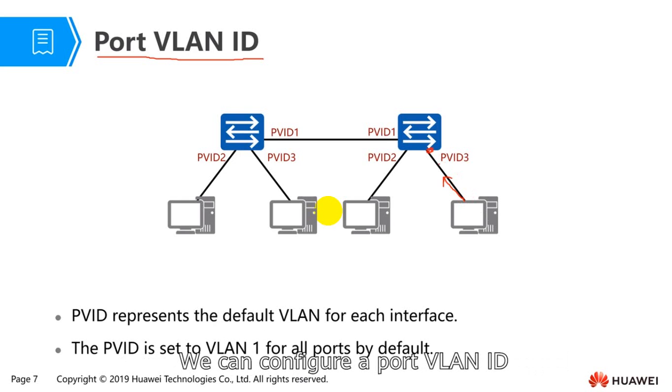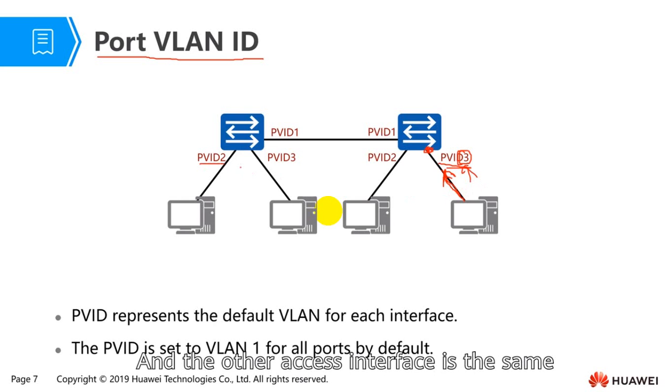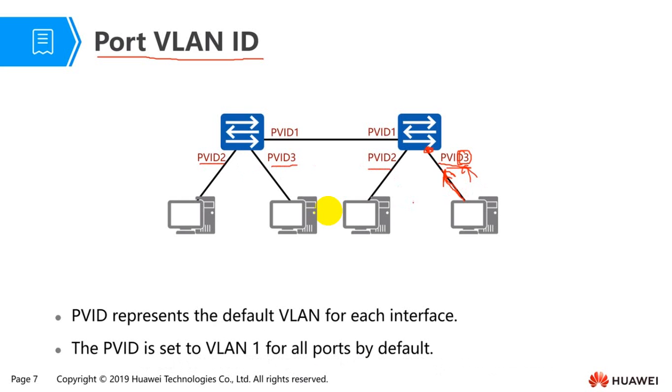We can configure a port VLAN ID on this interface. After we configure this port VLAN ID as 3, all the frames received and sent on this link belong to VLAN 3. And the other access interface is the same concept.